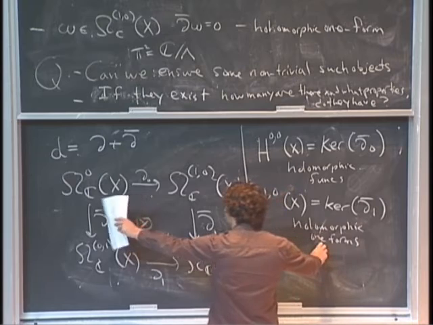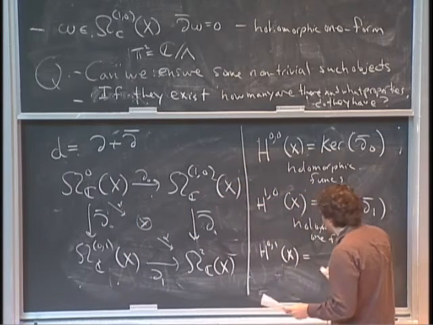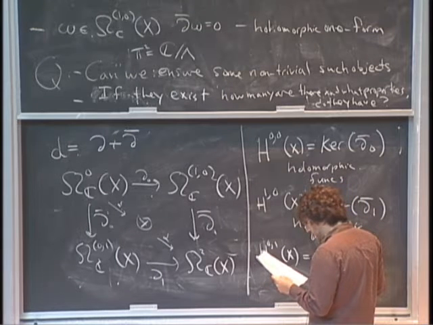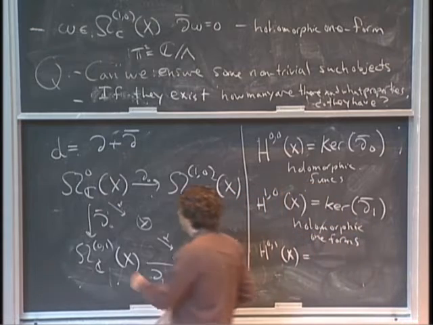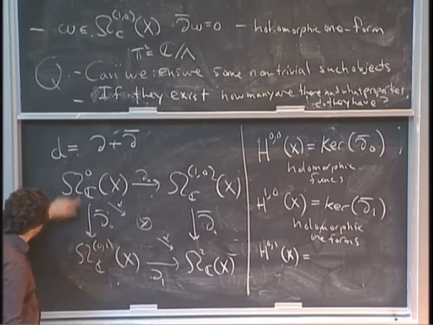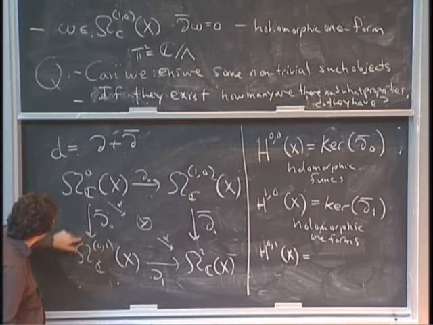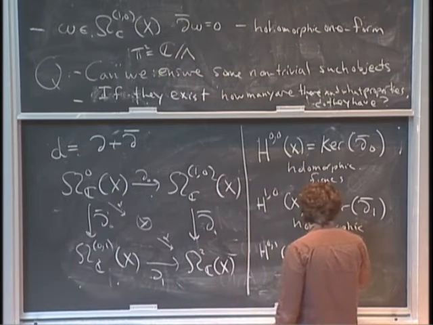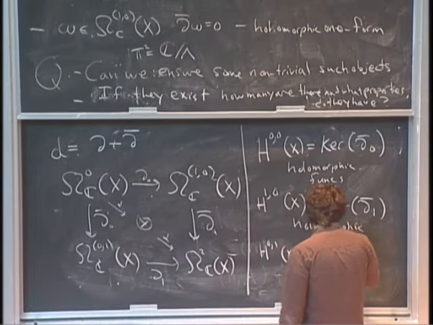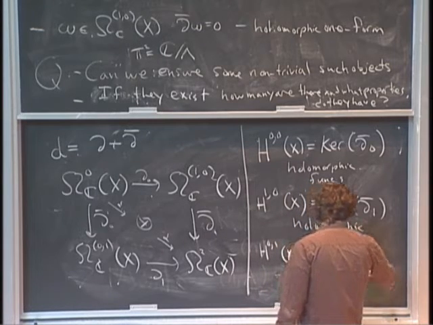So this is basically, if we look at the image of this map, we want to take the space and mod out by the image. We don't care about the image itself, but rather we care about how much this fails to be onto. So we let this be the space of 0,1 forms mod the image.